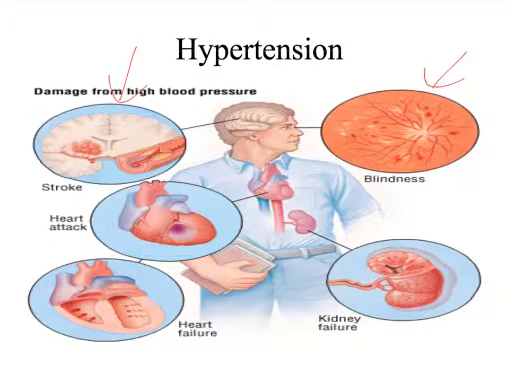If that vessel wall bursts open, the vessel wall can be weakened by the increased pressure from high blood pressure over a long period of time, and it can cause a bleed within the brain, which can be very detrimental. That is also known as a hemorrhagic stroke. So it's important that we educate patients about the complications associated with high blood pressure.